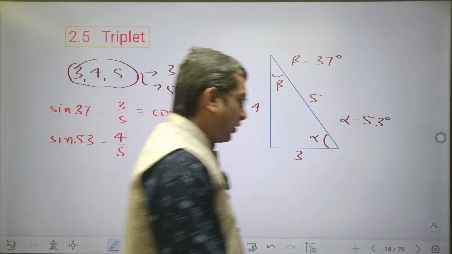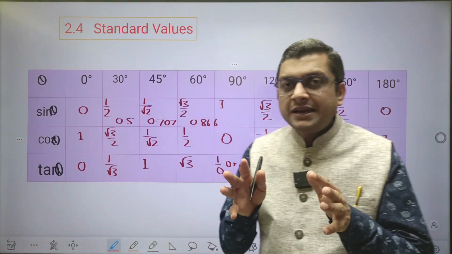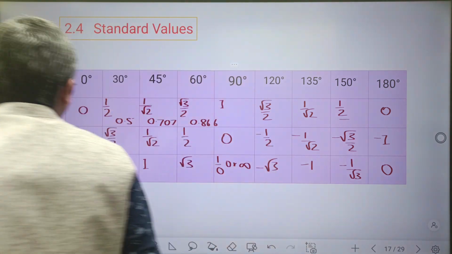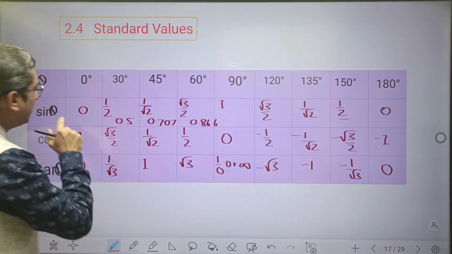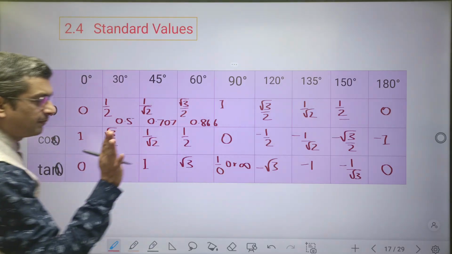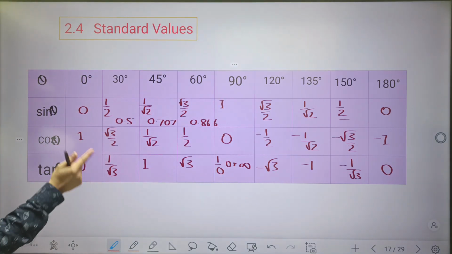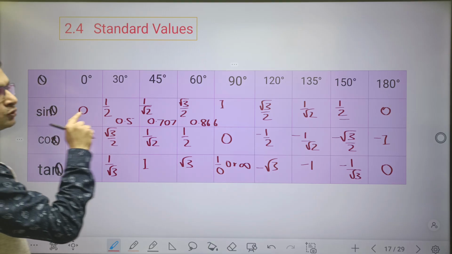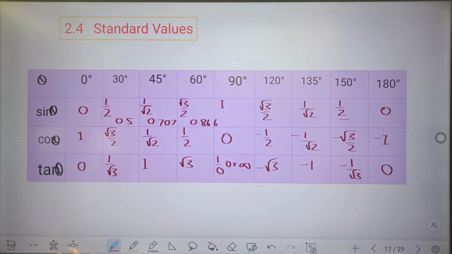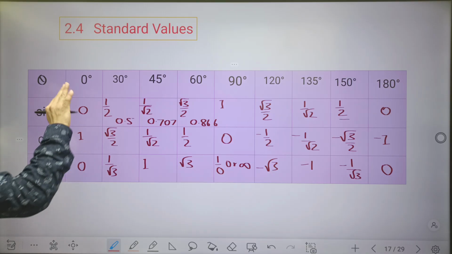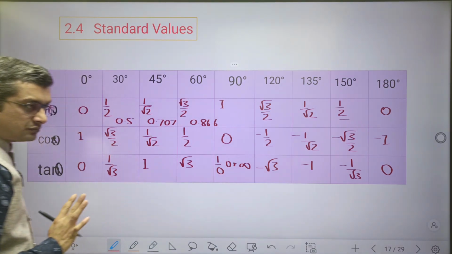Okay, listen, observe the pattern of the sine and cos. What happens if the angle increases? The value of sine theta increases. As the angle theta goes from 0 to 90 degree, the value of sine theta goes from 0 to 1. That is in an increasing manner. But in case of cos theta, when the angle increases, the value of cos theta decreases.